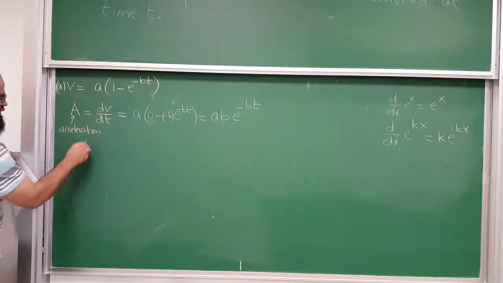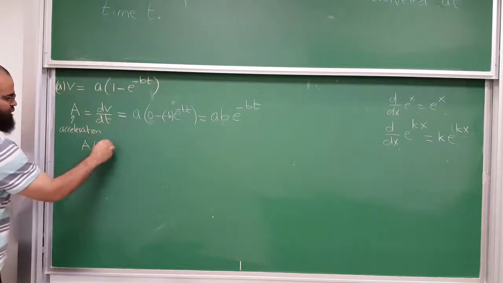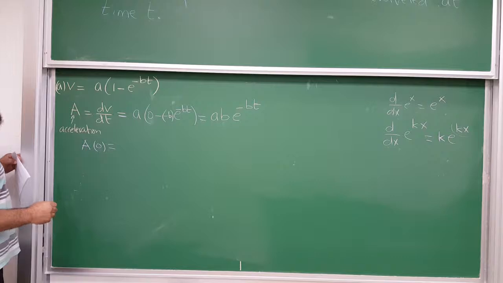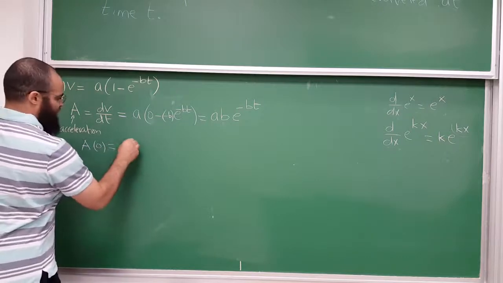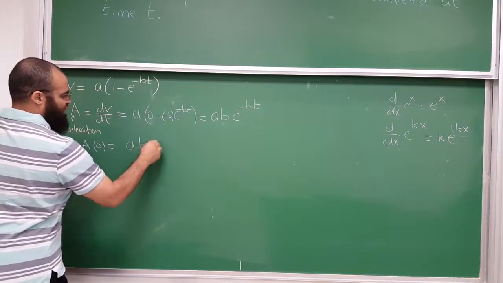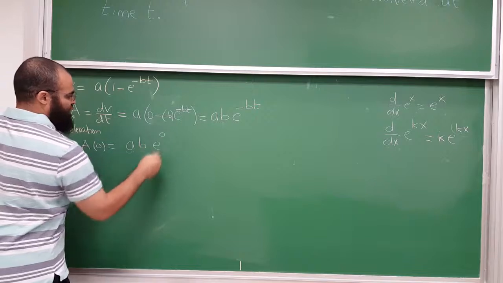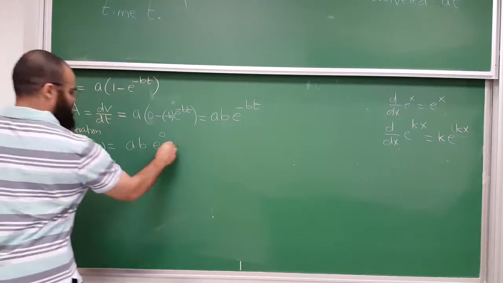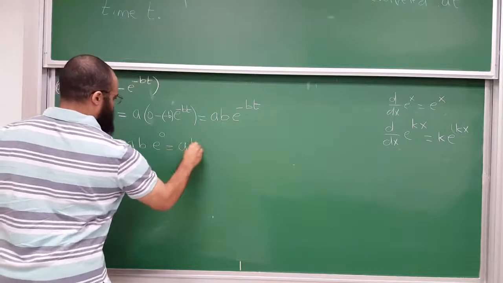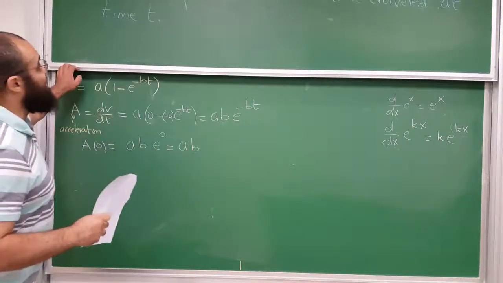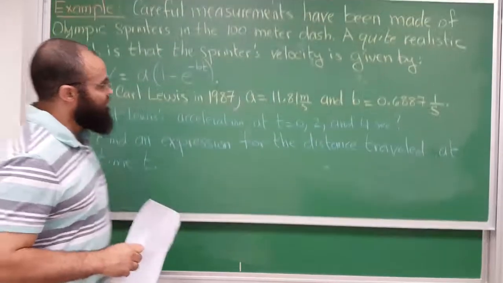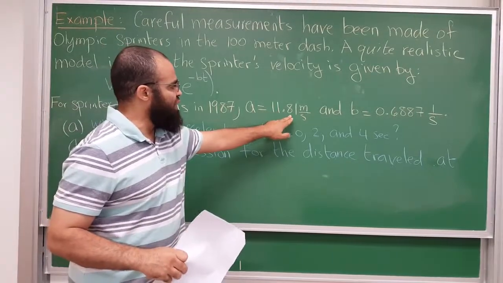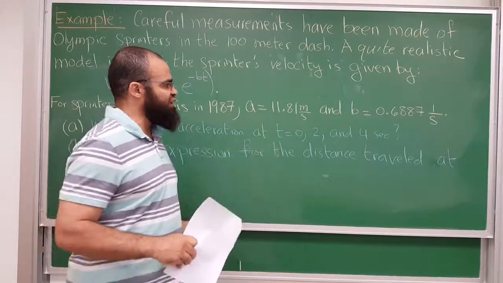So what's the acceleration at time t equal to 0? Well, at time t equal to 0, you will just have A times b and then e to the 0. Right? At t equal to 0. And so it is just A times b. And what is A and what's b? A is 11.81 and b is 0.6887.